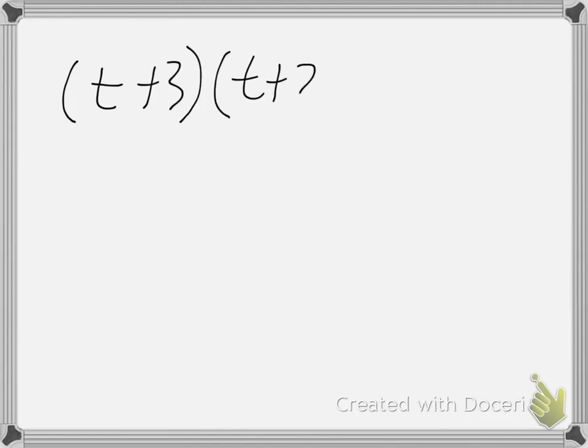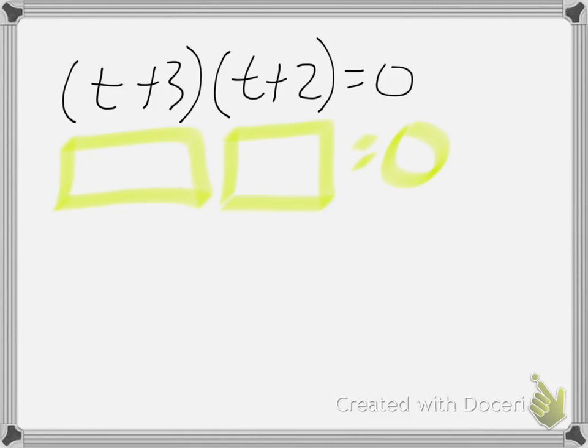Here's another problem. How about this? t plus 3 and t plus 2 equals 0. So I gave you 2 products. Remember, this box times this box equals 0. Either one can equal 0. So I've got to figure out what makes this one equal 0, and what makes this one equal 0.